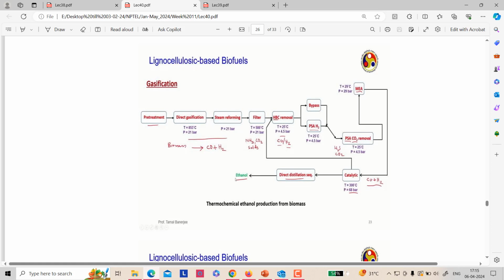Then it goes to the HBC removal. HBC removal also separates the syngas, and it will go to the bypass or PSA H2 section.